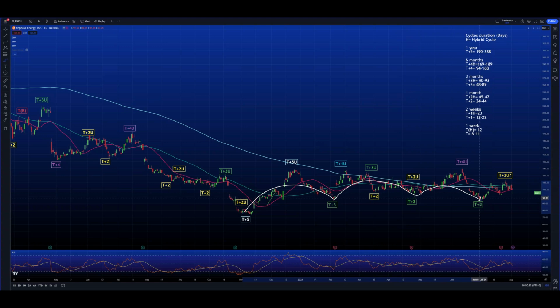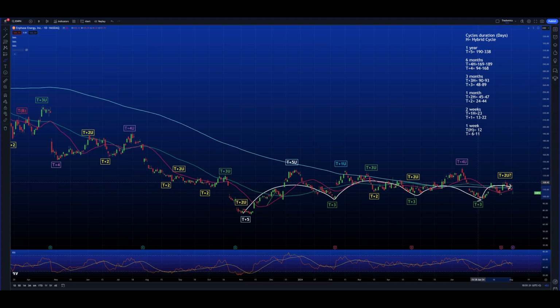This is a T plus 3 or T plus 4 because of the total duration of the bars that are higher compared to this low. So basically we have the duration, so the number of bars that are higher compared to the level of reference, which is $95.21, to say that this cycle here at the moment is at least a T plus 3, but even a T plus 4.